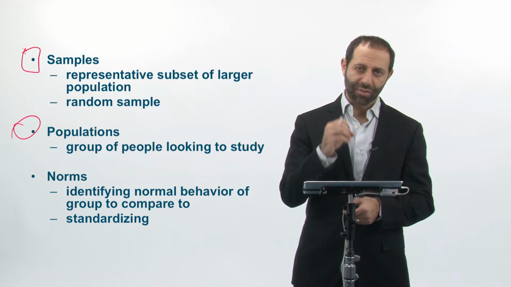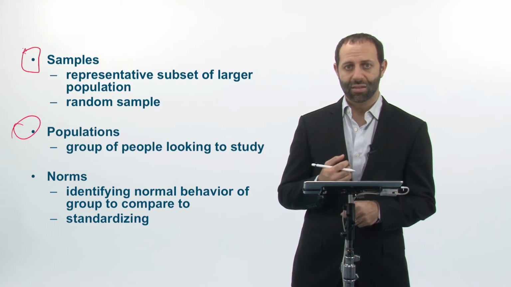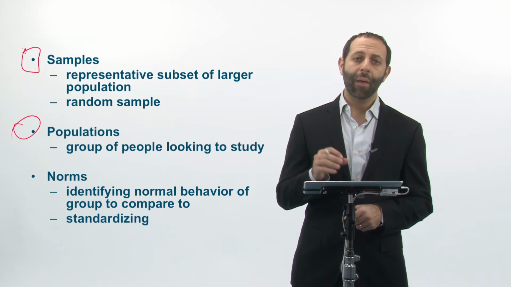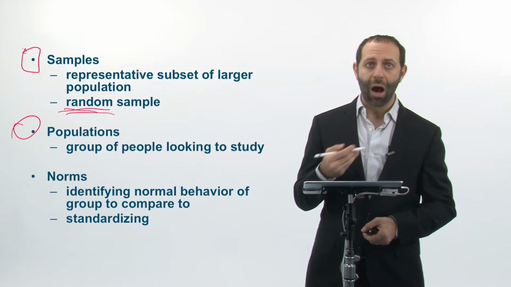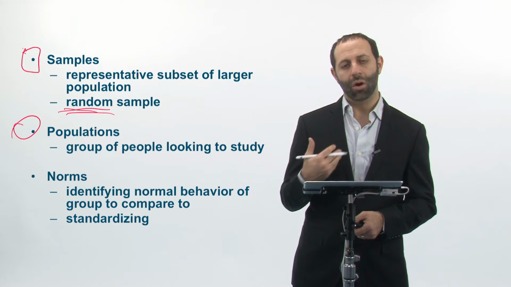So each subset of my broader population gives me a sample for me to assess. Ideally, when I'm utilizing a sample, I'm going to do so in a random way so that I'm not going to create a bias by how I select the people that I want to measure.